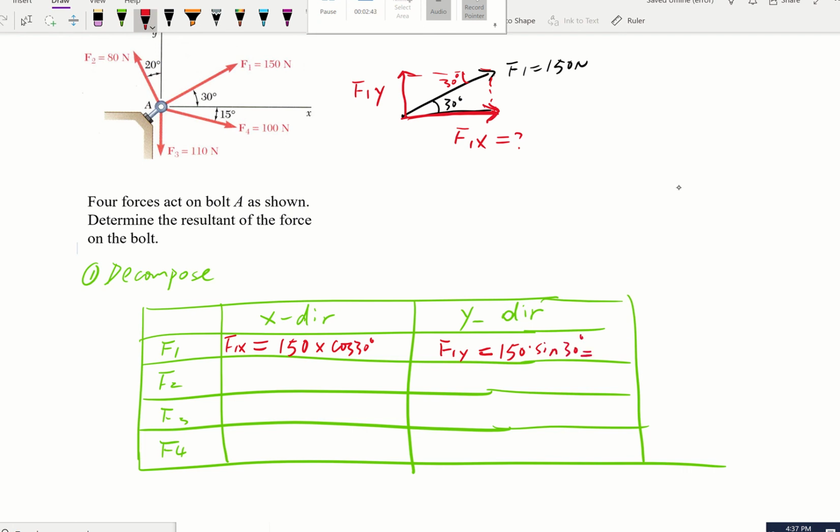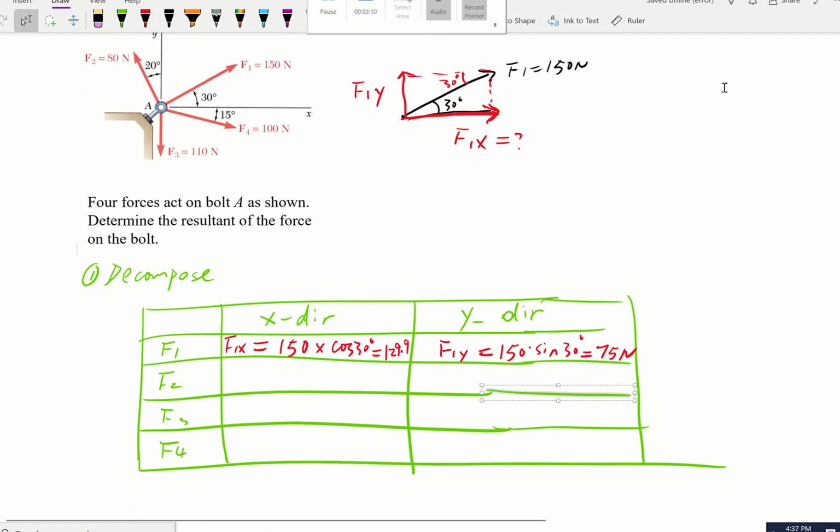Sine 30 is 0.5, so I can quickly calculate that's 75. For F1x, I use my calculator: 150 times cosine 30 degrees gives about 130, or 129.9 to be more precise. We'll do the same thing for the rest of the 3 forces.